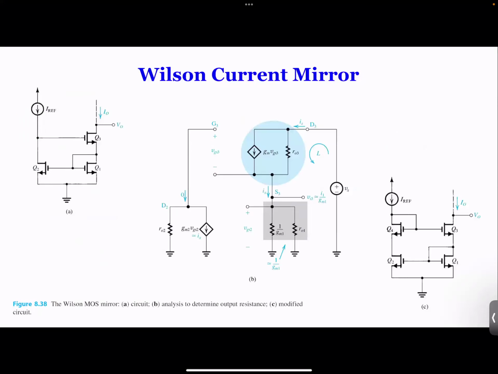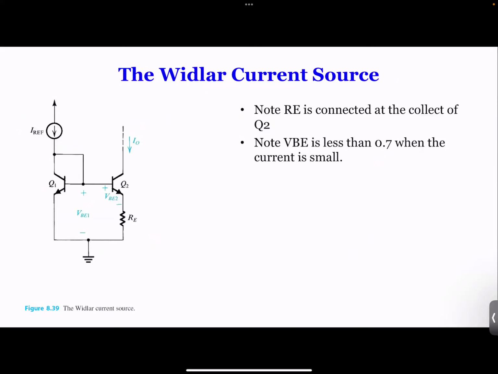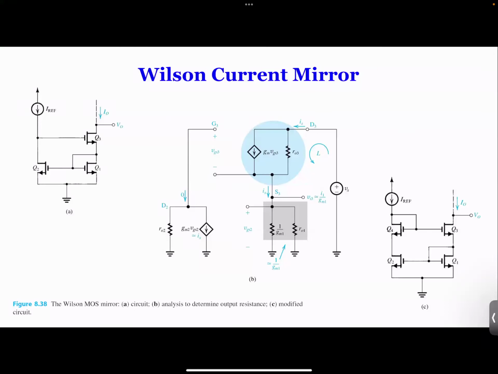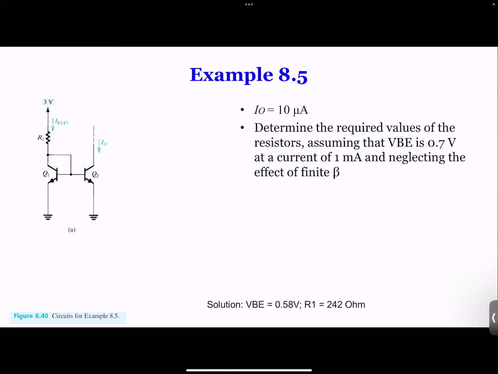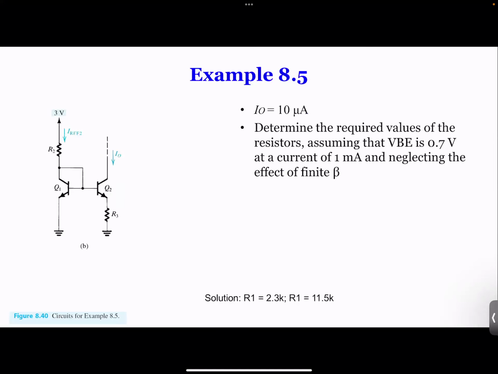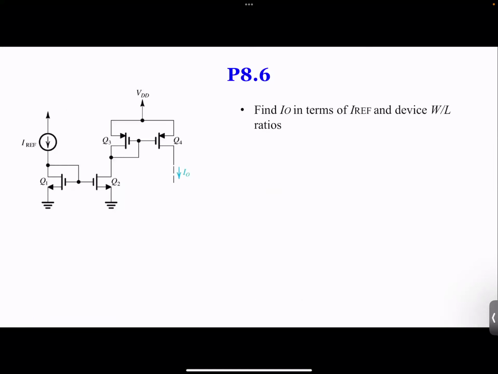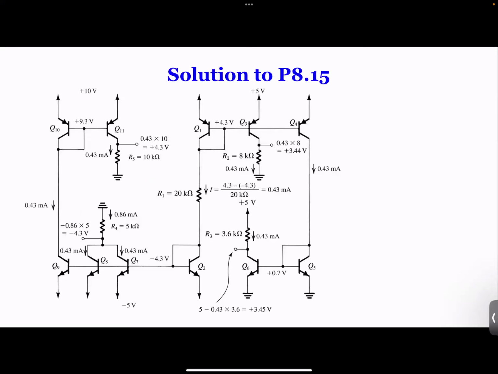So I think we're going to spend a little bit more time next week to talk about the Widlar and also the Wilson current source. They are very simple current sources, and we're going to do a few examples before we conclude chapter 8.